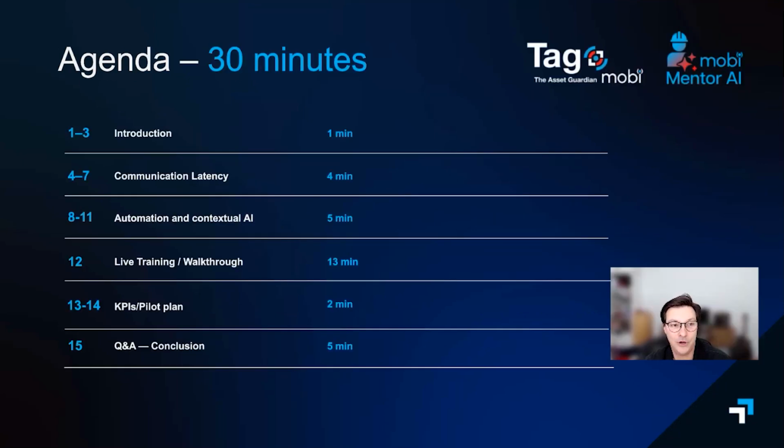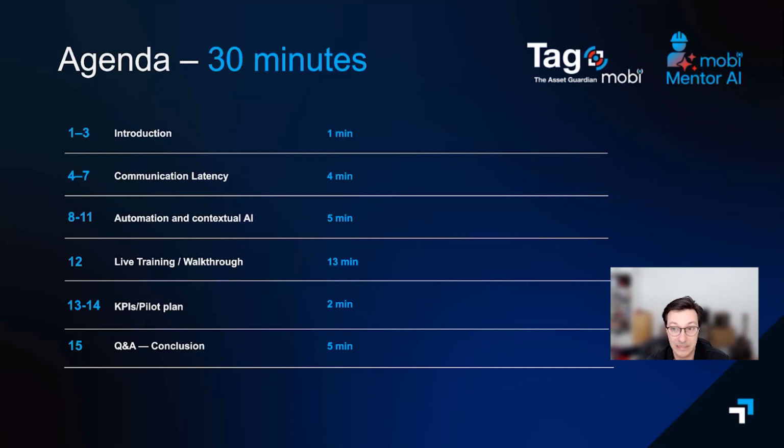Take a look at our agenda today. Like all of our webinars, we'll start with a few slides. We'll take a little bit at the why. Why would you need to consider automation? Then we'll go through a live training. This should take about half the webinar today. We'll take a look at the outcome, so the notification and the automation themselves, but we'll also take a look under the hood.